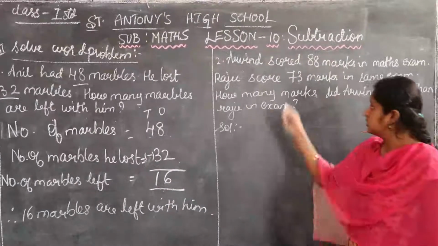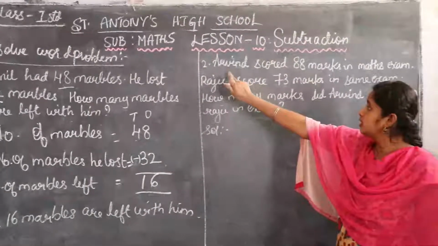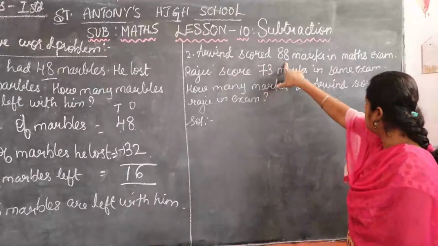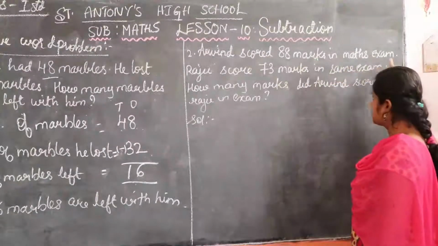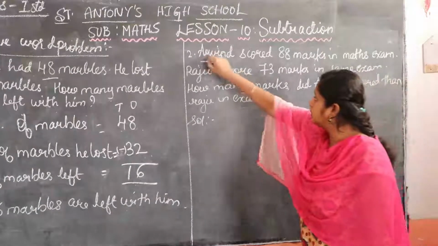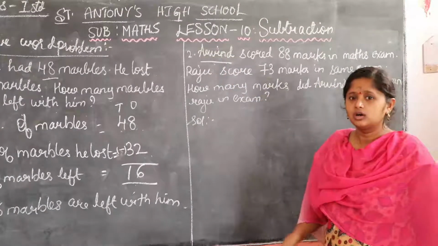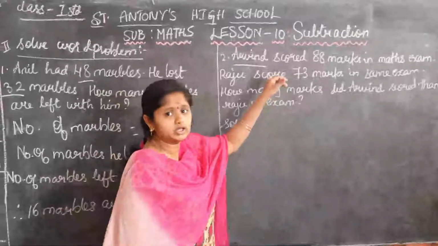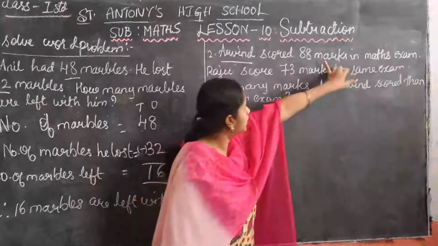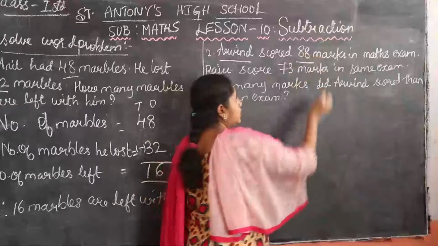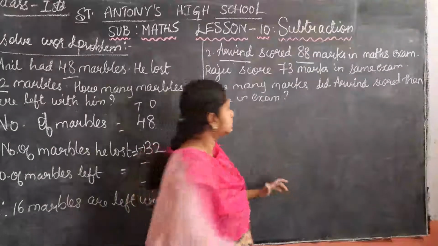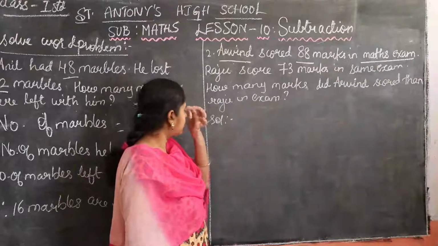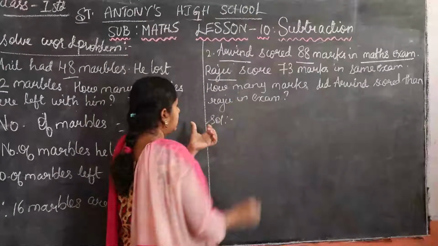Okay, next. Question number 2. Second word problem. Arvind scored 88 marks in the maths exam. Arvind scored 88 marks in which subject, children? In maths. Okay, and here another boy, Raju.